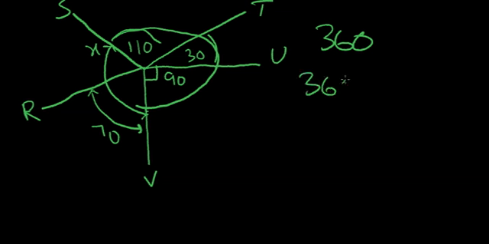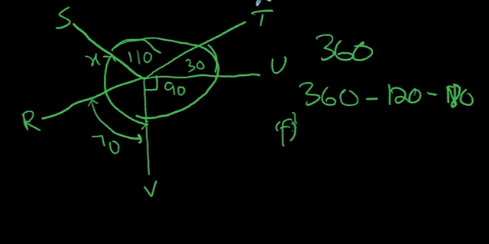So 360 minus 30 and 90 is 240, minus 110 is 130, minus the 70 is 60.